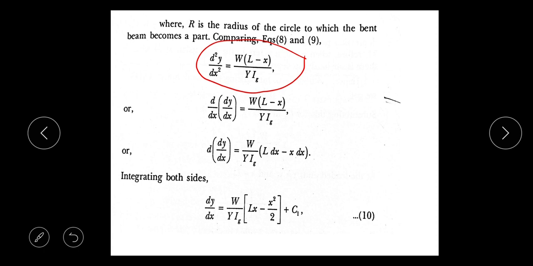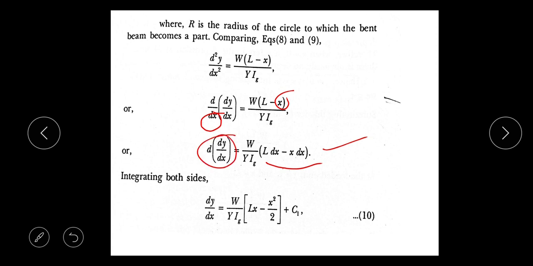Rewriting that, d by dx is taken outside. So d by dx of dy by dx is equal to the right hand side. The right hand side is the same, nothing we have changed. Again take the dx on the left hand side to the right hand side. So multiply by dx, only d is kept here: d of dy by dx.